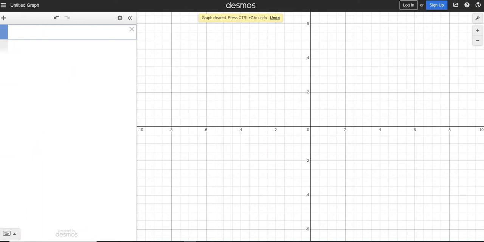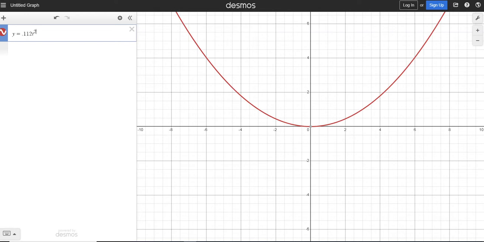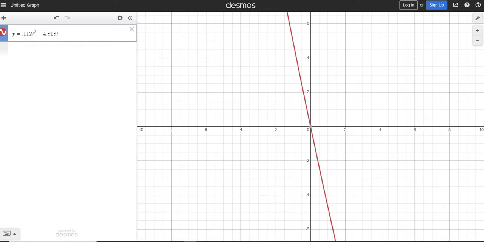I'm going to say I want to graph, let's just do y equals 0.112 t squared minus 4.818 t plus 55.083, but only as t's are between 0 and 29.